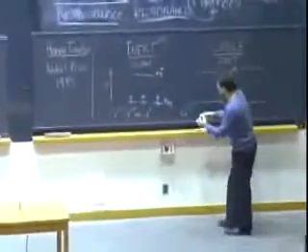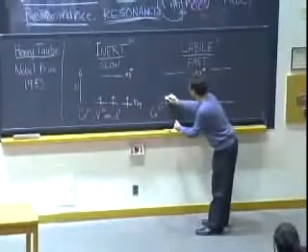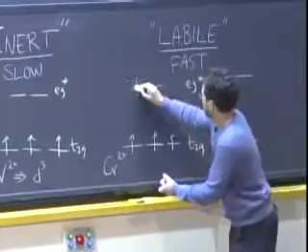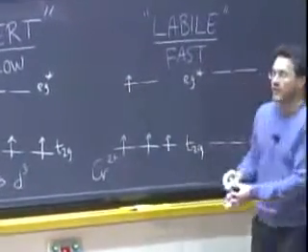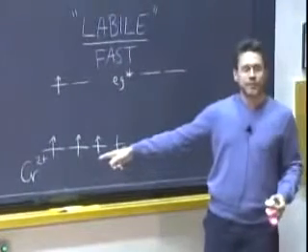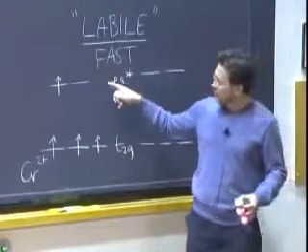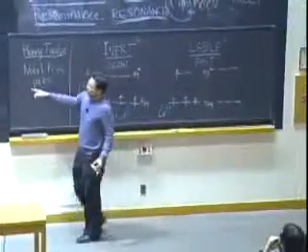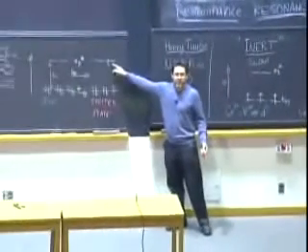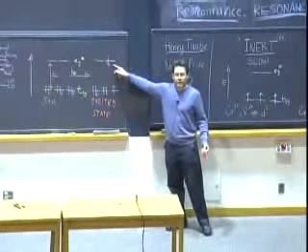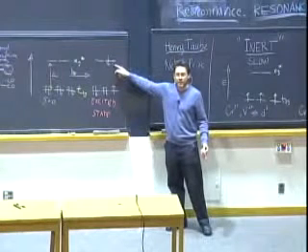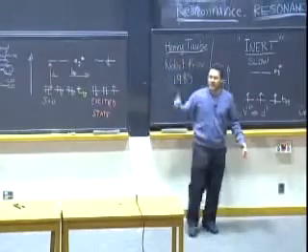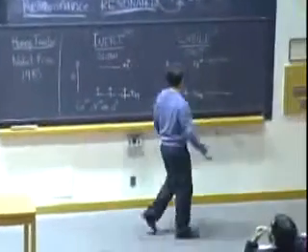Well, now chromium 2+ is d4, and the 4 electrons go in and populate like this. So Eg star now has an electron in it, and that makes it related to the excited state of tungsten hexacarbonyl, because both of those, if you were to write out their electronic configuration, would have Eg star 1 as the population of Eg star.